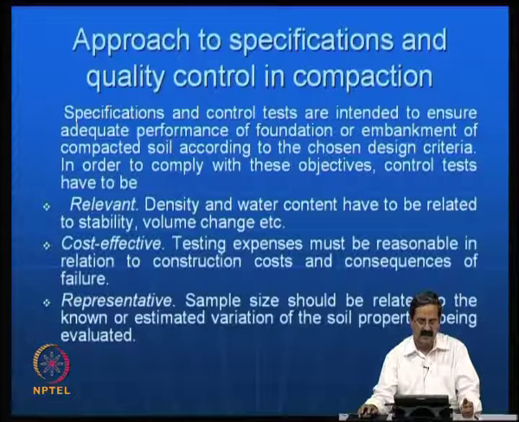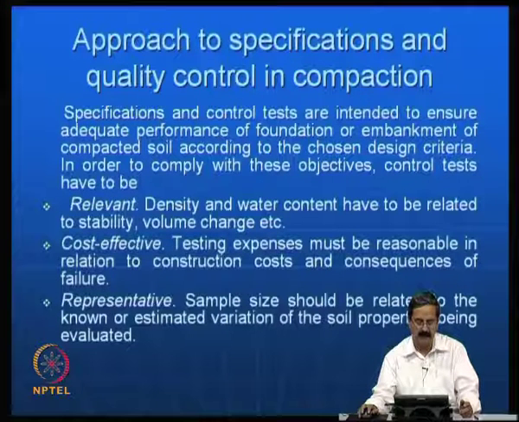Then the second objective is that cost effectiveness is very important. For example, in the case of a highway embankment, the test expense should not be too high, because the tests must give meaningful conclusions at minimum cost.